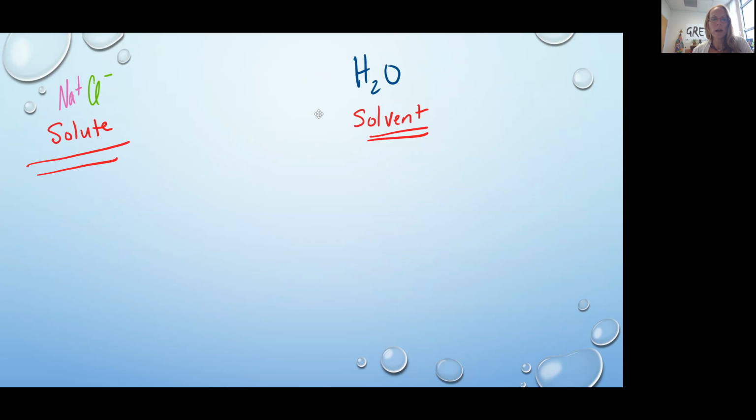So here we go. We're going to draw this out. So we're going to use our solute, which is our sodium chloride compound, ionic compound that we've already talked about previously. And then we're going to use our polar water molecule, which is our solvent.